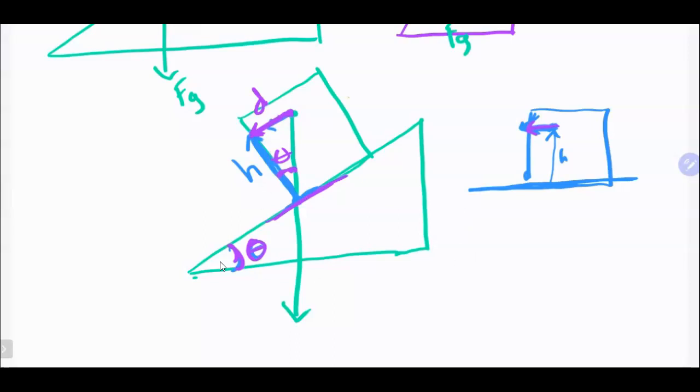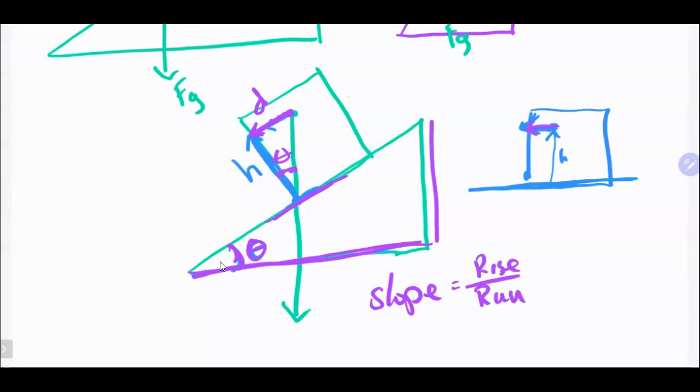In fact, the slope of my large triangle, which is the rise over the run, or alternatively is equal to the tangent of the slope angle. I can relate that to the height of the center of mass and the distance from the edge of the object.